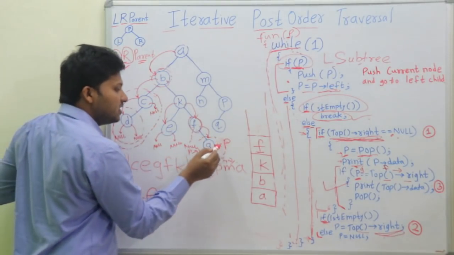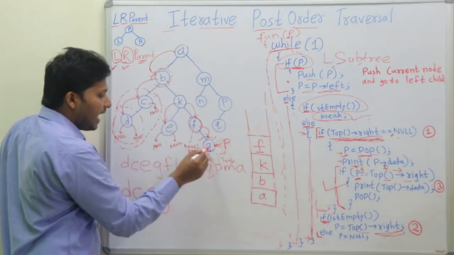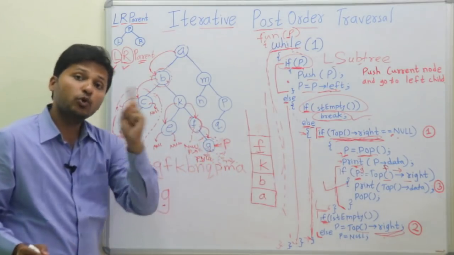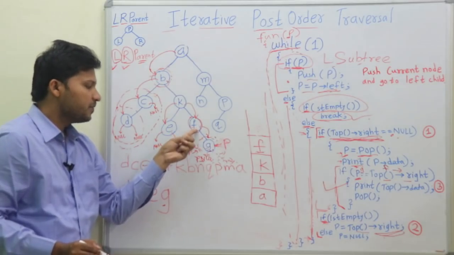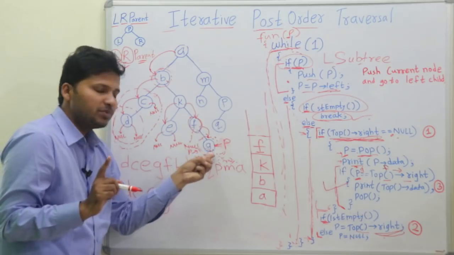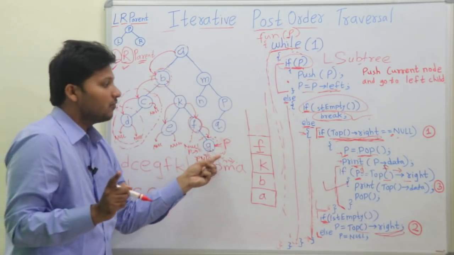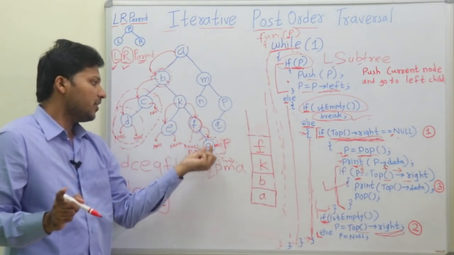Okay, and if this is the right subtree of the parent, that means as G is printed, so the right subtree is also processed. So see here, for F the left subtree was processed and the right subtree is also processed, but that is detected when we find out that G is the right child of F.